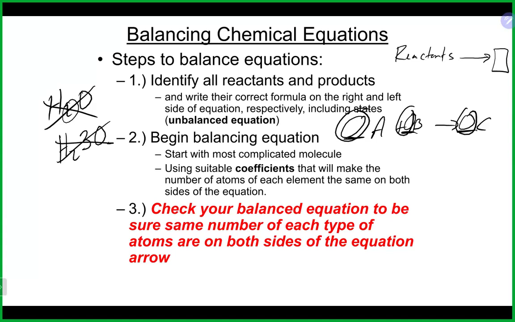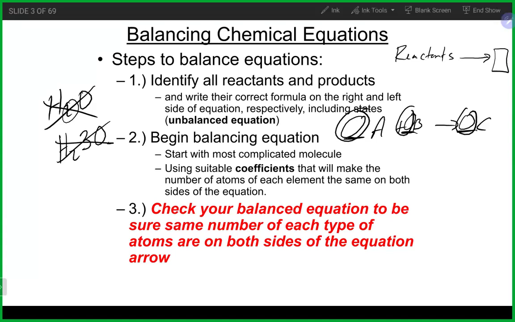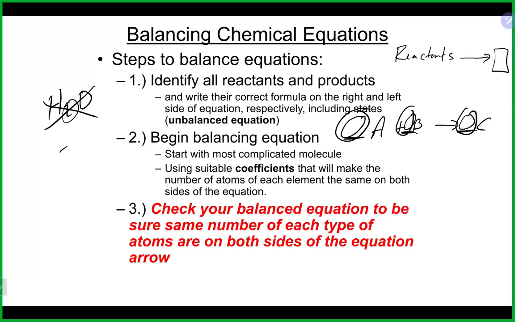You want to continue to put coefficients until, frankly, you have the same number of elements on each side, and then you should have the balanced equation. Now, when you balance an equation, there's really two things that you need to make sure of to have a properly balanced equation.